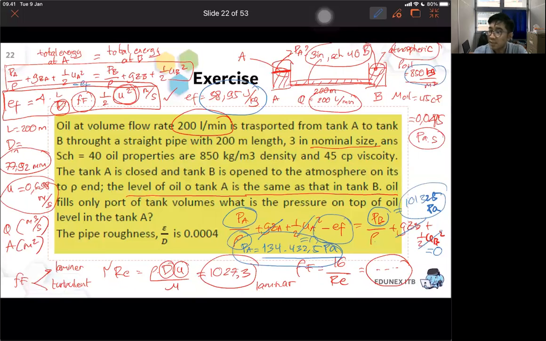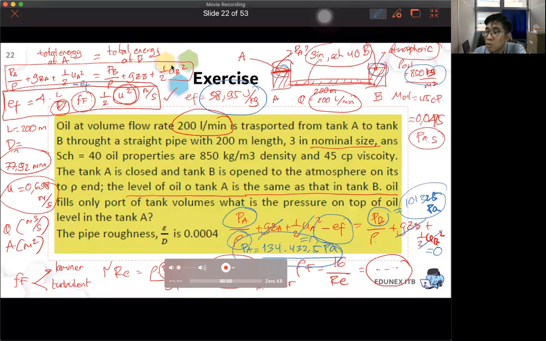Okay, while waiting, let me repeat again. So for this system, for analyzing the Bernoulli equation, you are comparing the two points. Remember again, for Bernoulli, it should be the steady state condition, right? So at point A at the top and point B at the top, at the steady state condition, the total energy should be the same.